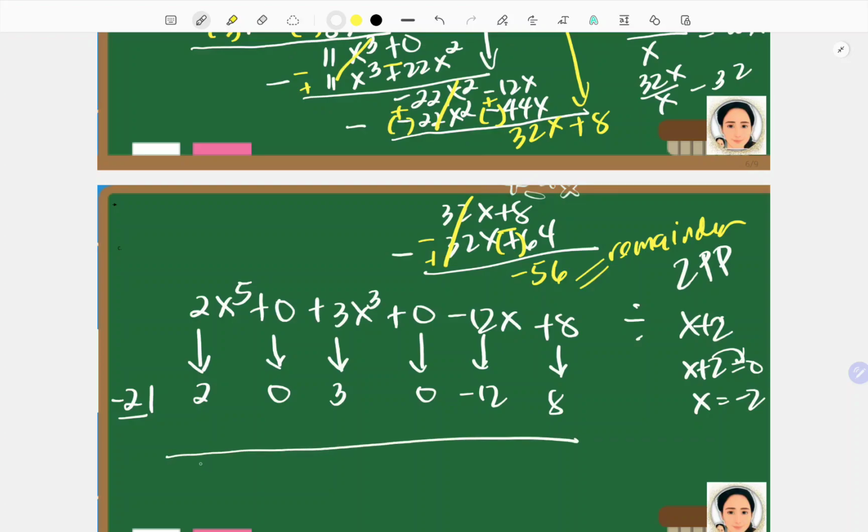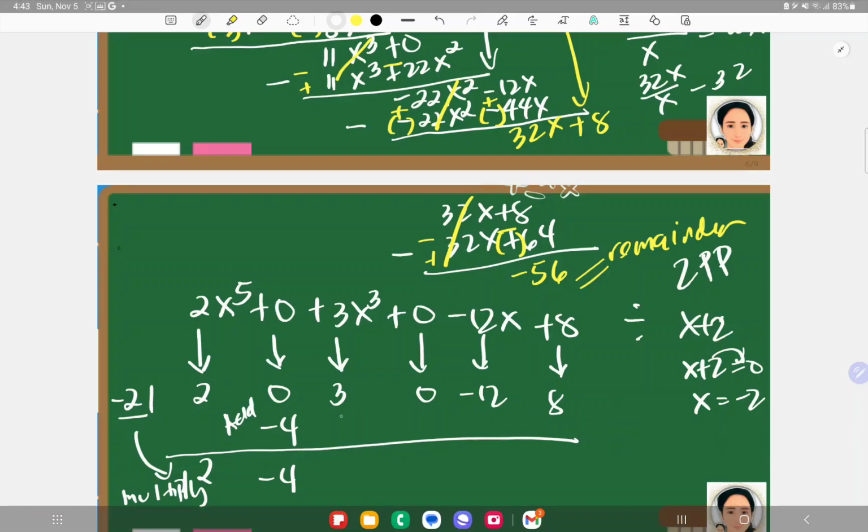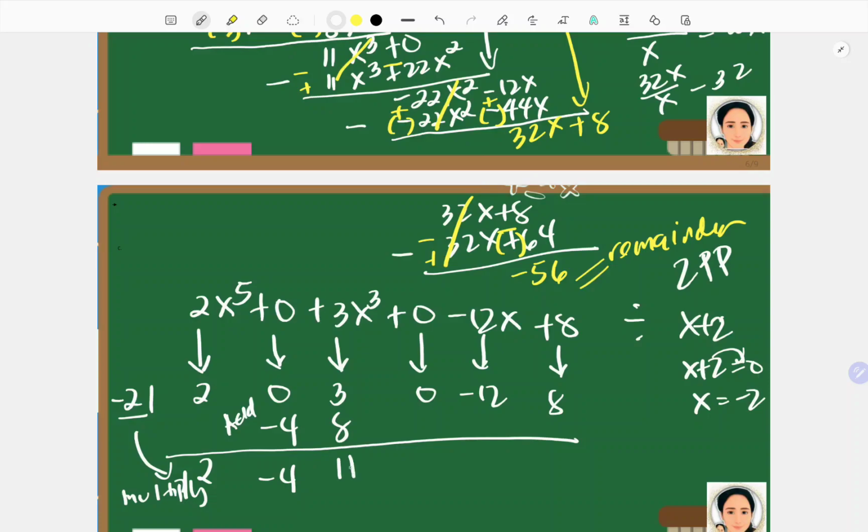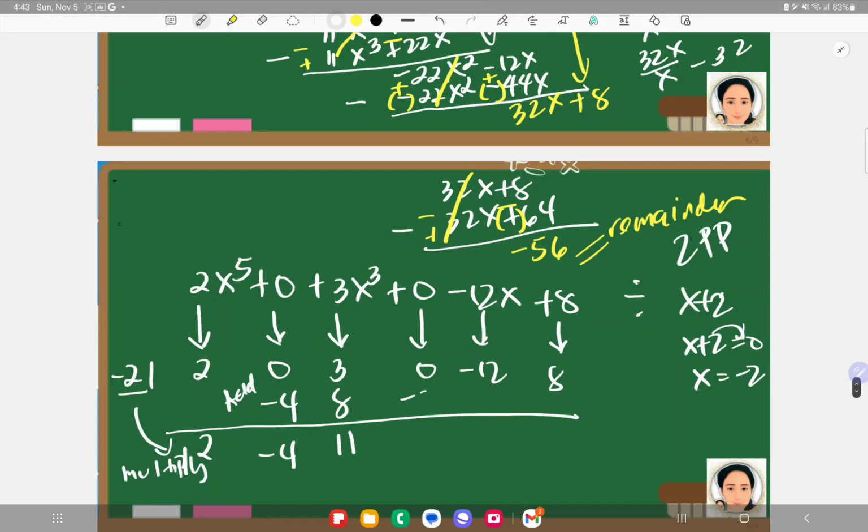Now, bring down the first term. Then multiply and add. Negative 2 times 2. We have negative 4. Then add negative 4. Negative 2 times negative 4, positive 8. Then add 11. Negative 2 times 11, negative 22.